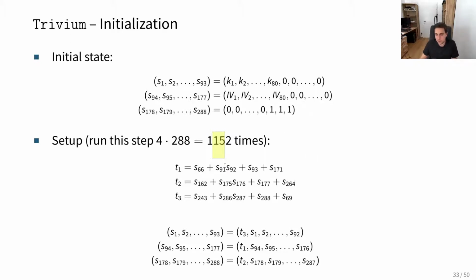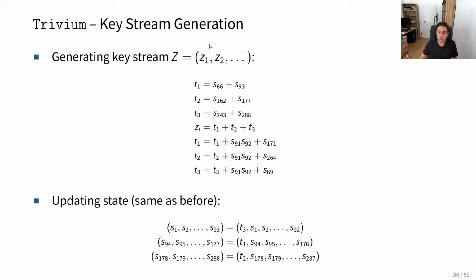And you see here already that this is not linear anymore. This is non-linear because we not only have the addition of state bits, but we also have the multiplication, or the AND function in hardware, or in F2, of state bits. So this is non-linear. And we do this over 1000 times, and these are the initialization rounds.